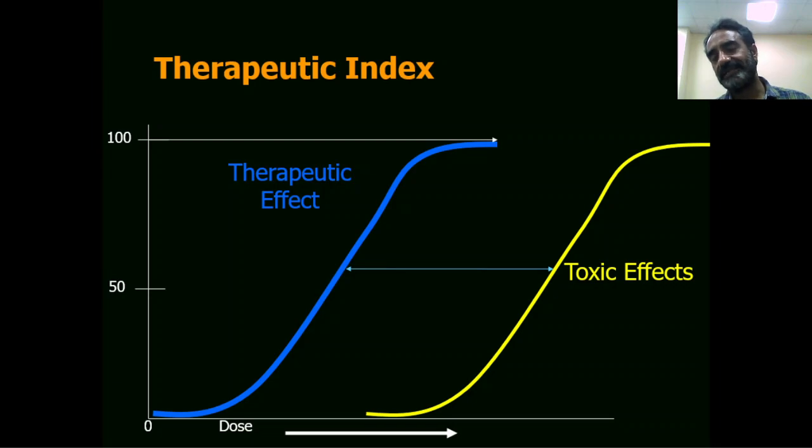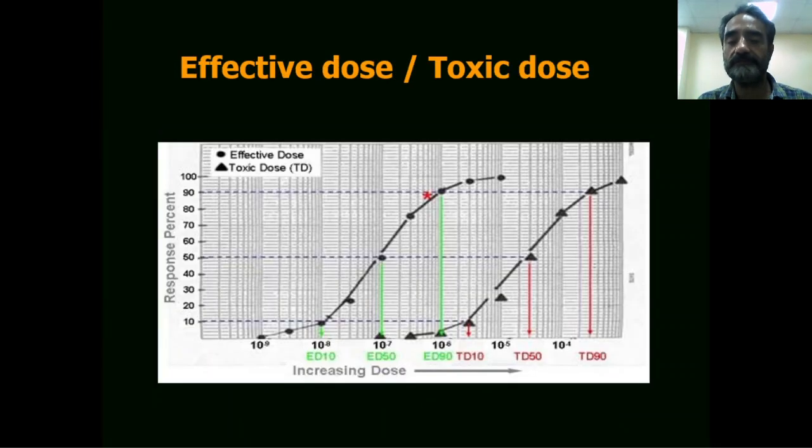That is an experimental term, defined in the case of experimental animals, so that is a separate issue. We will be discussing this LD50 later on in other classes. So the ratio of toxic dose to effective dose 50 will give us the therapeutic index or margin.